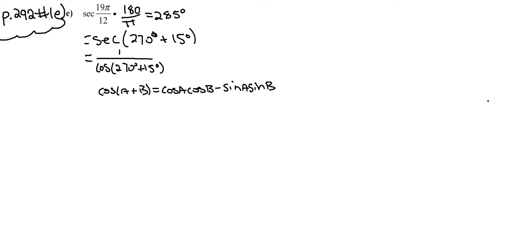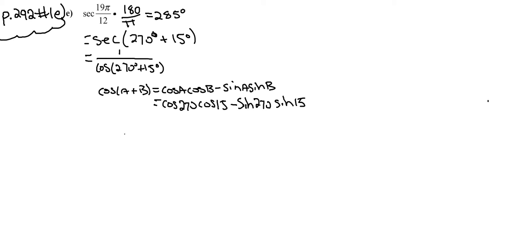And so if we plug in for A and B, what we get is cos 270 cos 15 minus sine 270 sine 15.